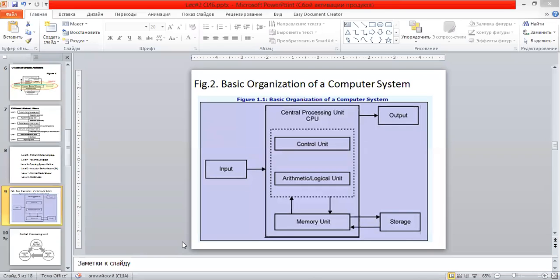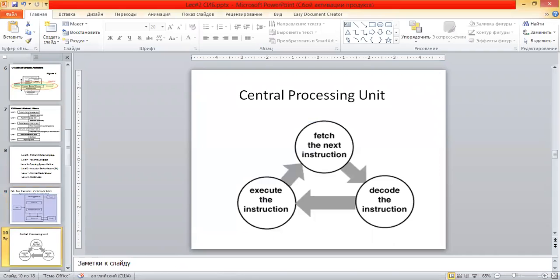Control in the central processing unit. Central processing unit manages the instruction execution cycle, for example fetch, decode, execute, and coordinates the activities of other devices.